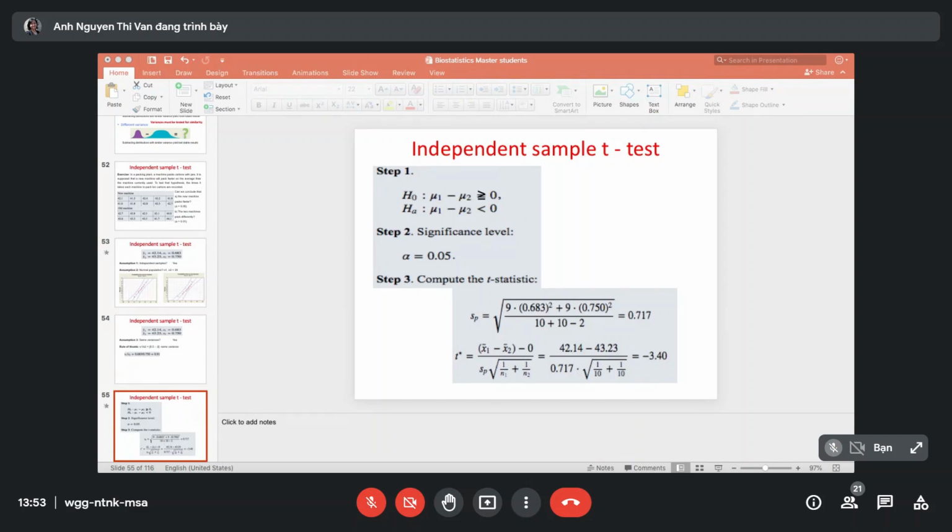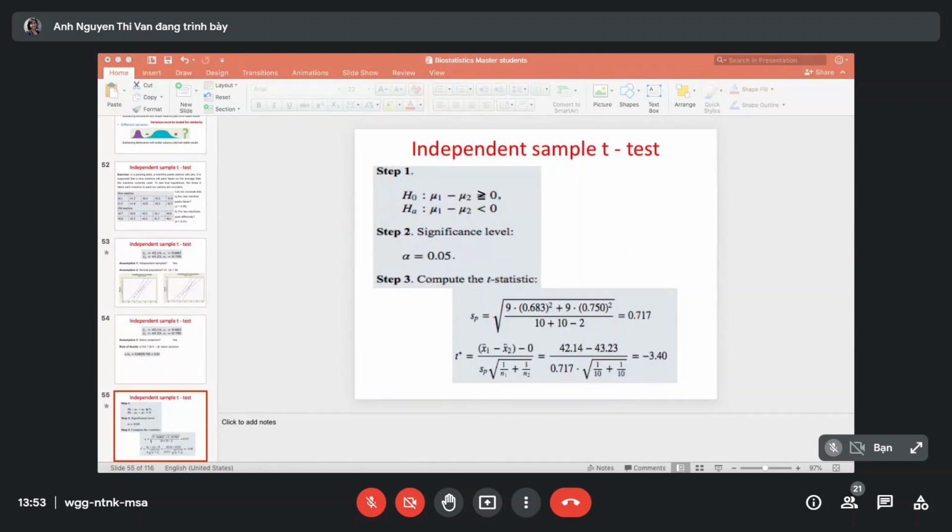How to know the degree of freedom? We use the sample size of the new machine plus the sample size of the old machine, minus 2. 10 plus 10 minus 2, so we get 18. Yeah, and we look at the T table.